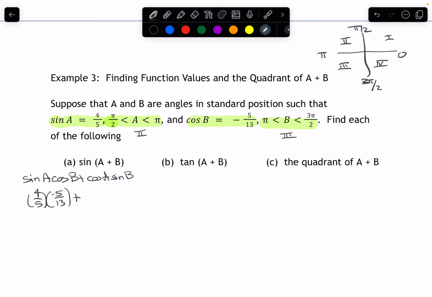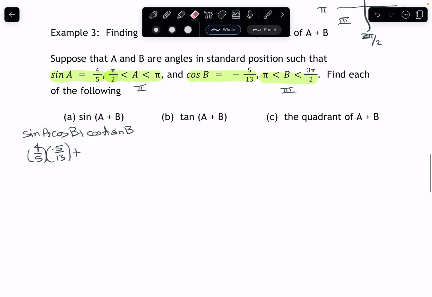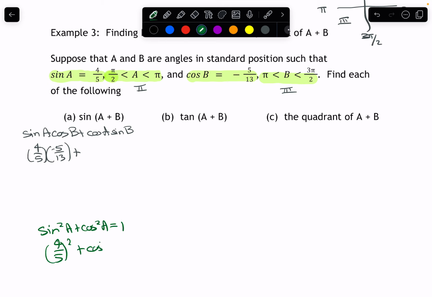We don't know the cosine of a. Now, if you remember when we talked about the identities, I said there's one identity that's huge that we use all the time in trig, and that is sine squared plus cosine squared equals 1. So we can find the cosine of a, because we know the sine of a.